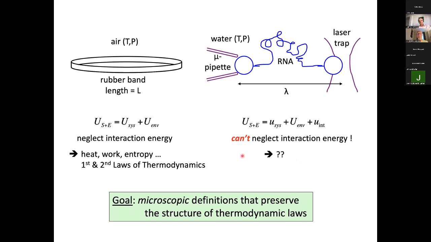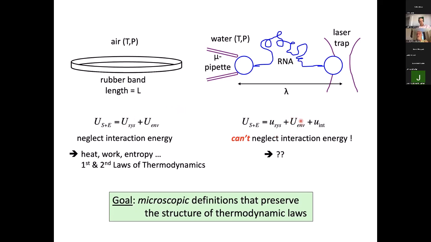But before going on, let me mention that these two equations introduce a kind of notational convention that I will use throughout the talk. Namely, when discussing any quantity that macroscopically would be thought of as an extensive quantity, like internal energy or entropy, if the value of that quantity is going to be macroscopic, then I'll use a capital Roman letter to indicate it. So here, for instance, the internal energy of the rubber band is denoted by a capital U because the rubber band is a macroscopic system.